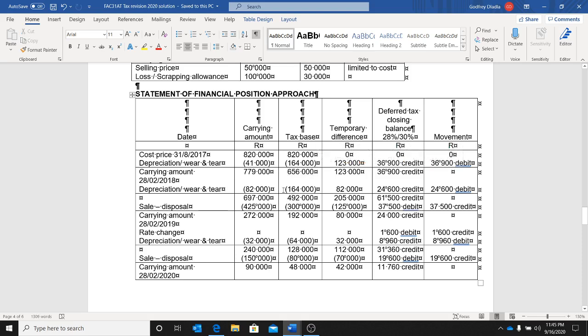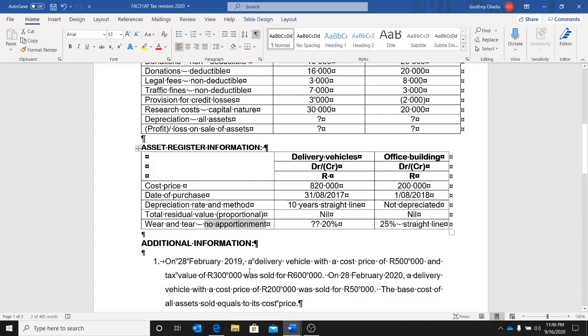Then you proceed. Come next year, the same thing. 164 is your wear and tear. Then it gives you a tax value of this much, right? Then during that year, at the end of 2019, which is this one here, there was a sale, which is represented here.